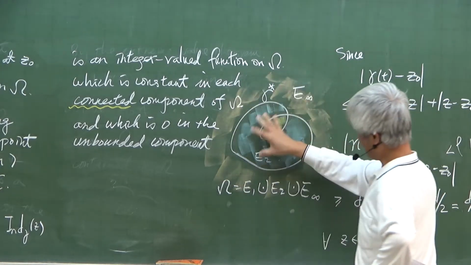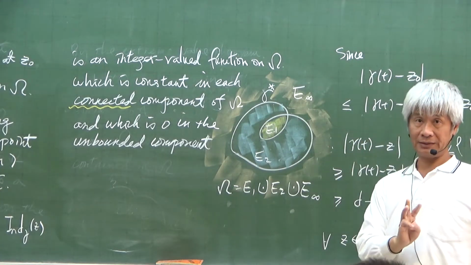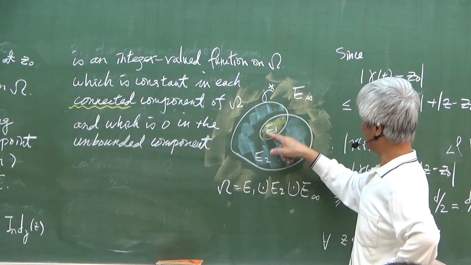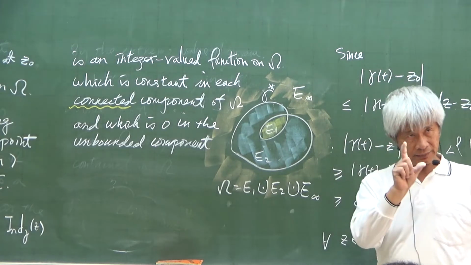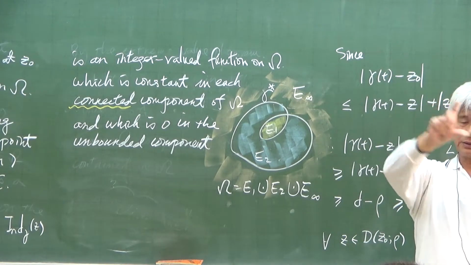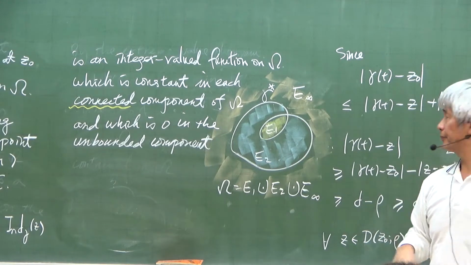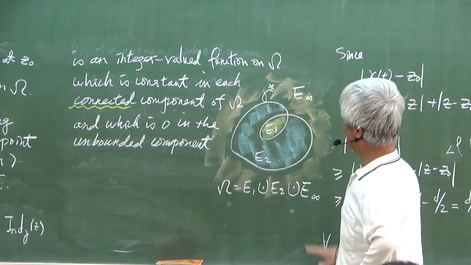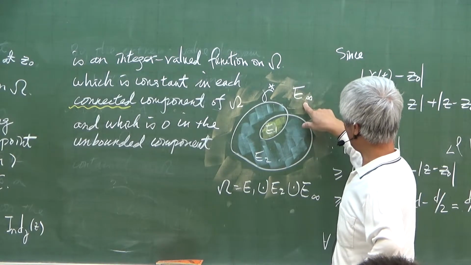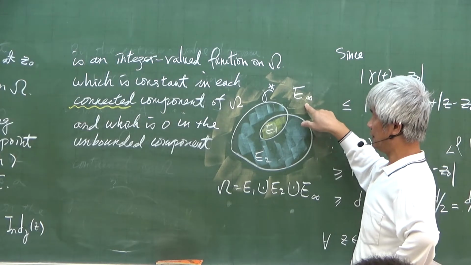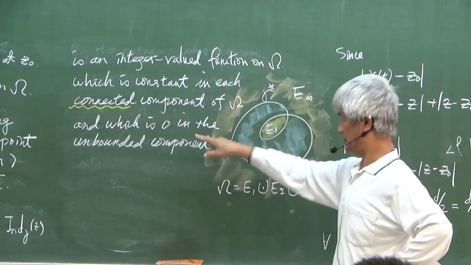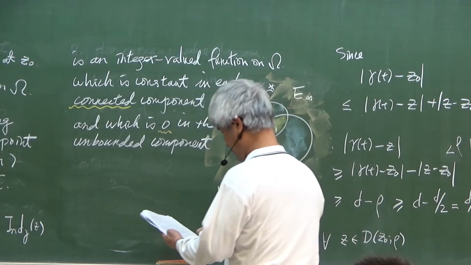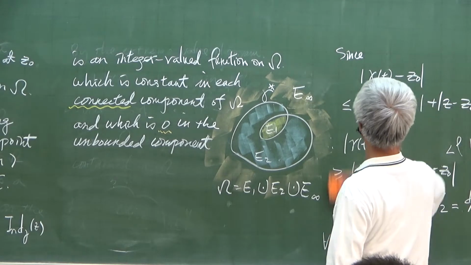For this example, we have 3 components, and we call it connected because any point here to here can be connected by a chain of line segments. And we know in particular the index value of a point in the unbounded component should be 0. So let's see how we can prove the theorem.